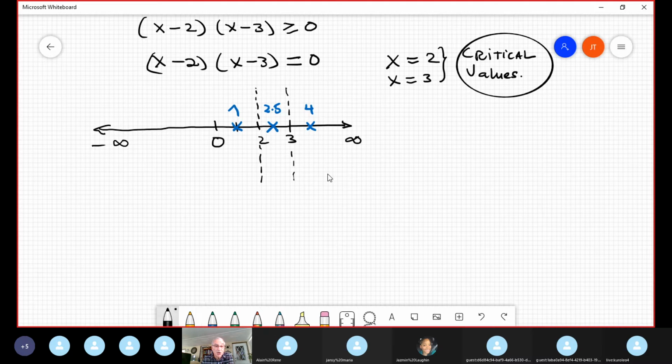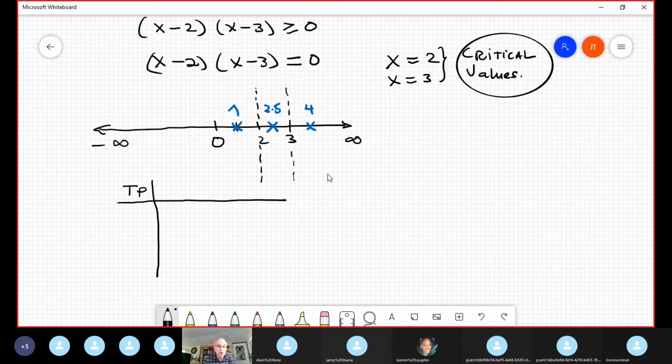Or you create a chart like that. I like that way, but I do not enforce it, you know? You put the testing points here, and the testing points I select are totally arbitrary: 1, 2.5, and 4. Another student can select other testing points, and the answer doesn't change.